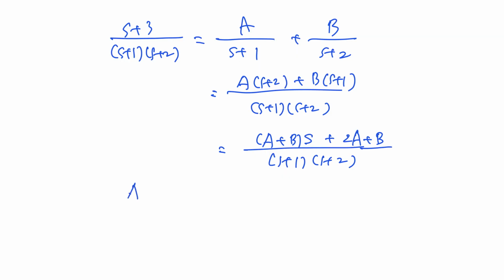So a plus b is equal to 1, 2a plus b is equal to 3. So a is 2, b is equal to minus 1, right?